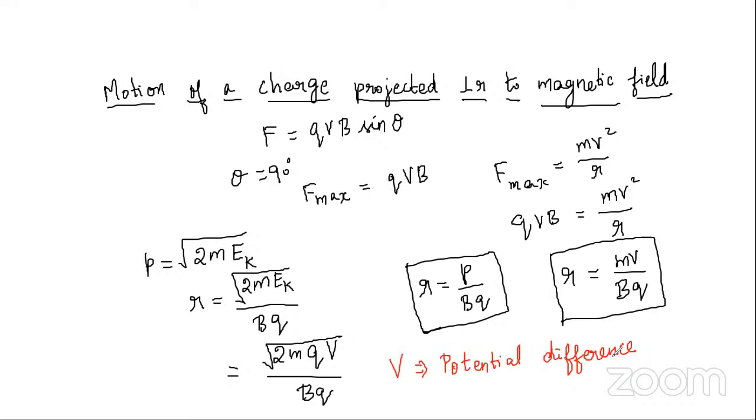So there are some other formulas as well. We can learn that formula also here. What is the area of that circular path? Because the charge moves in a circular path, the area of the circle is given by A equals pi r squared, which means the area of that circular path is proportional to r squared.